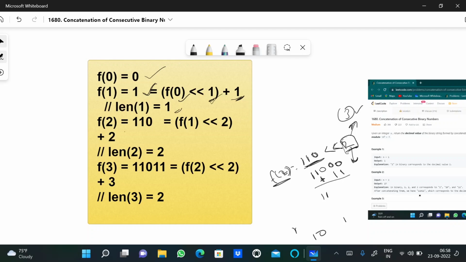Now we will left shift 2 times because length of 2 is 2. f of 1, that is 1, left shifted 2 times will be 100, and we add 2, that is 10, so it will be 110. Now we left shift 2 times, it will be 11000, and we add 3, it will be 11011. We will get the final answer.